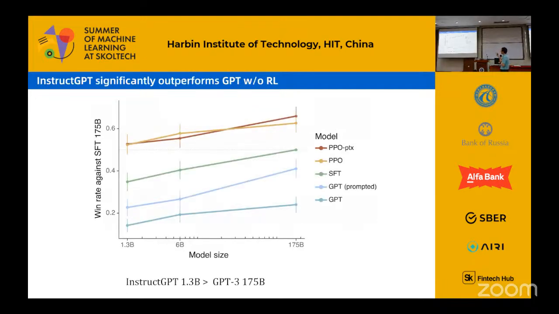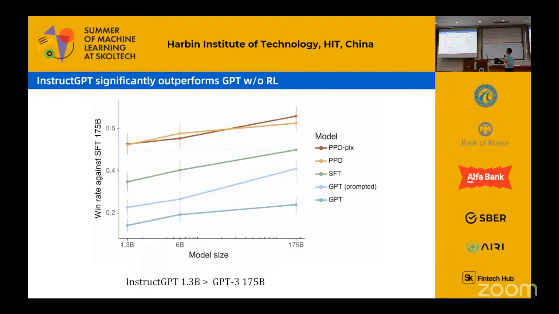Yeah, so here we show the results for the RL fine-tuning. Of course, this is also based on the supervised fine-tuned model. You can see the winning rate over the supervised fine-tuned 175B model. This curve is the supervised fine-tuned SFT model, so it's compared with itself, and the winning rate should be half.